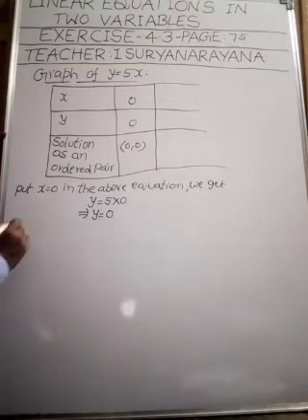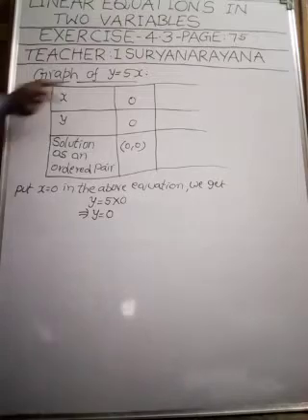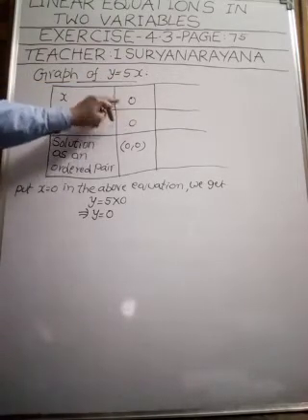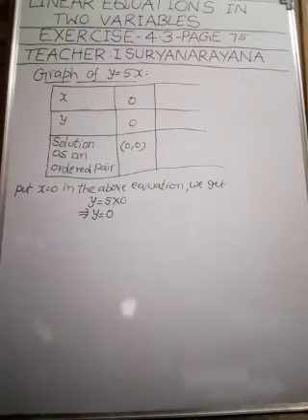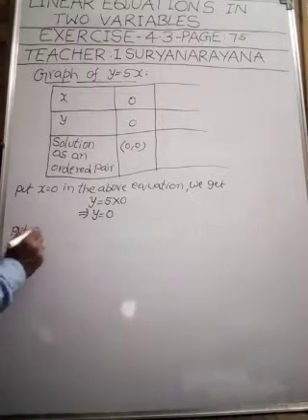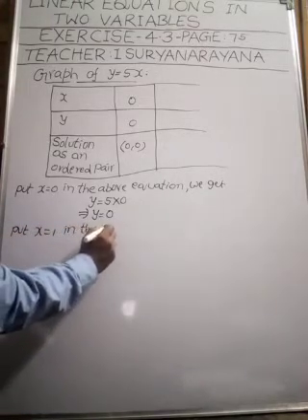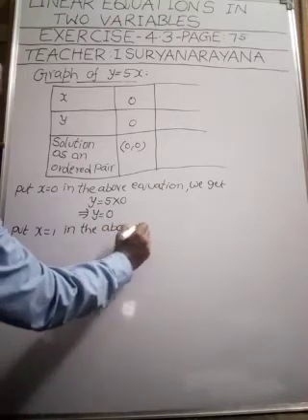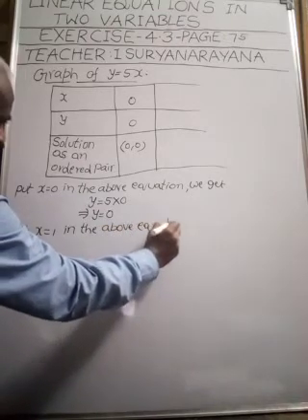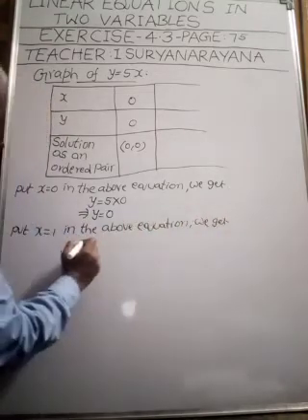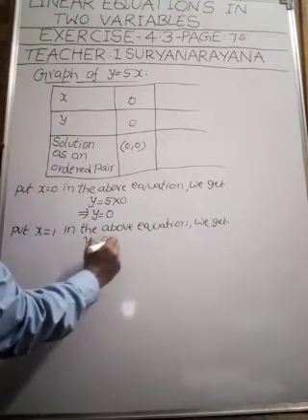Okay, my children, right. Next, if we put y is equal to 0, then we get x is equal to 0, because already here we got x and y as 0, 0. So we take another point. Put x is equal to 1 in the above equation. Then we get y is equal to 5 into 1.